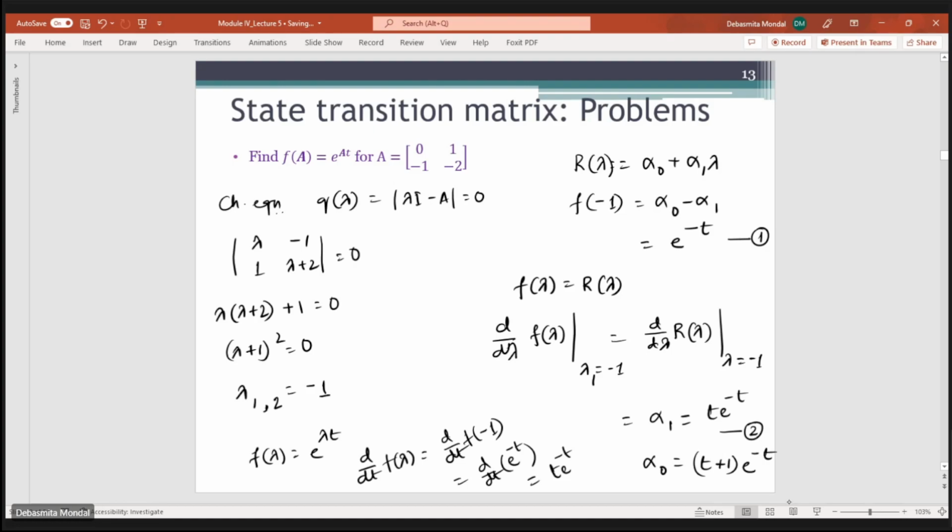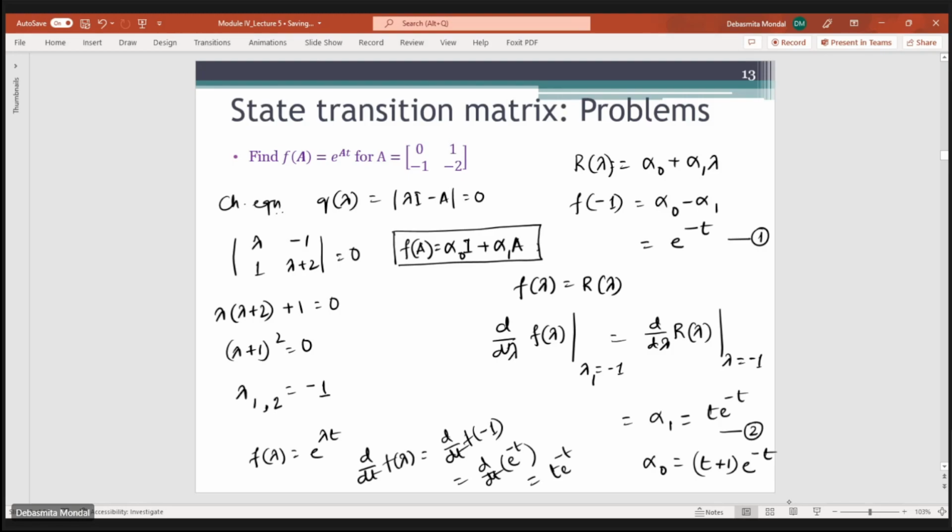Once you know the values of alpha 0 and alpha 1, you can find the value of f of A, which would be equal to alpha 0 into I plus alpha 1 into A, right? Alpha 0 and alpha 1 are known to you, the identity matrix you know, and this A matrix also you know.